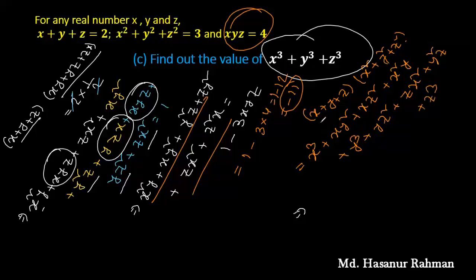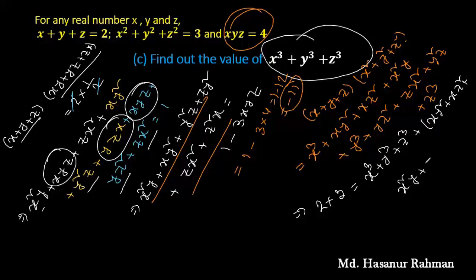Now we can write, since this one is equal to this one, x plus y plus z, that is 2 into x square plus y square plus z square equal to 3, equal to x cube plus y cube plus z cube, and there is xy square plus xz square plus x square y plus yz square plus zx square plus y square z.